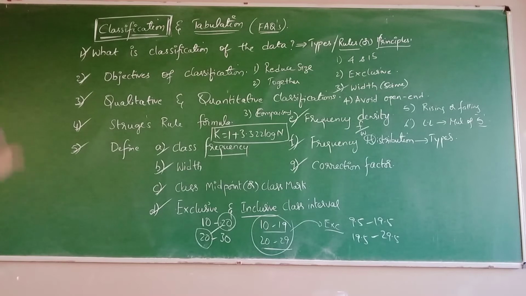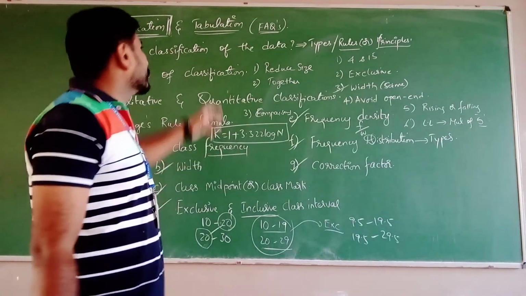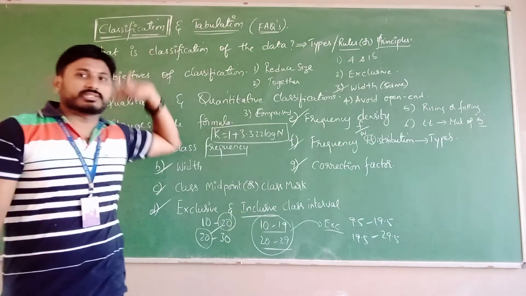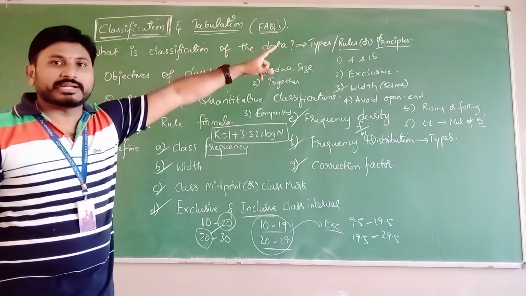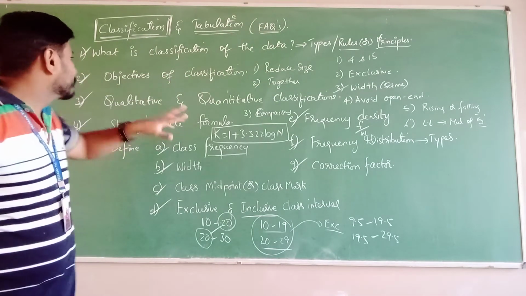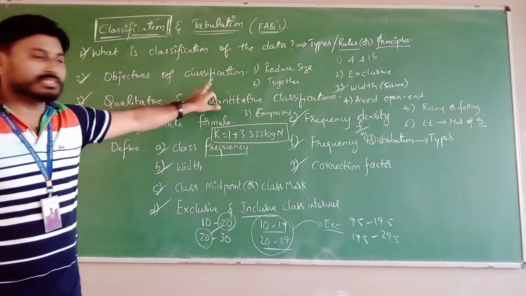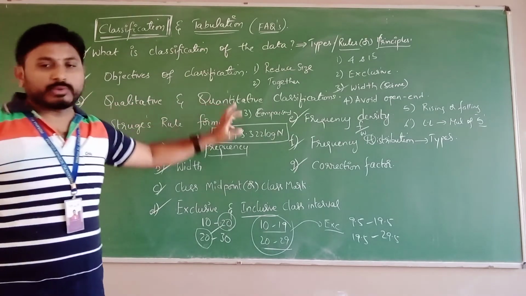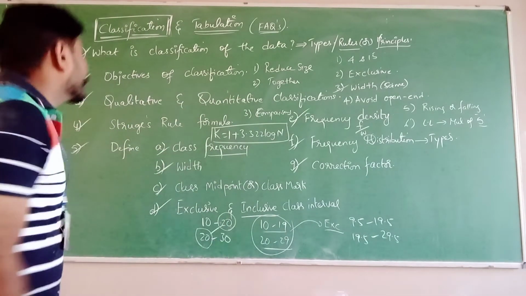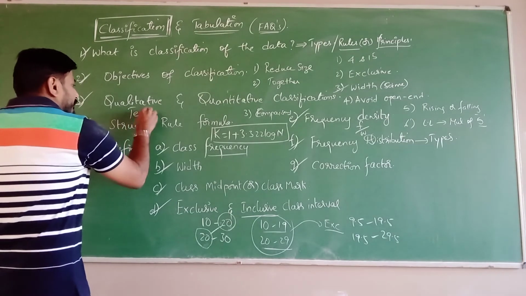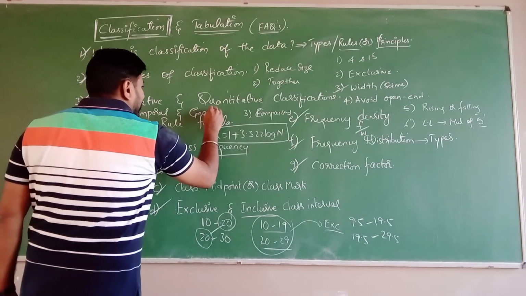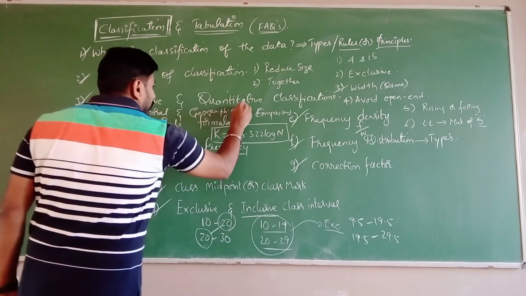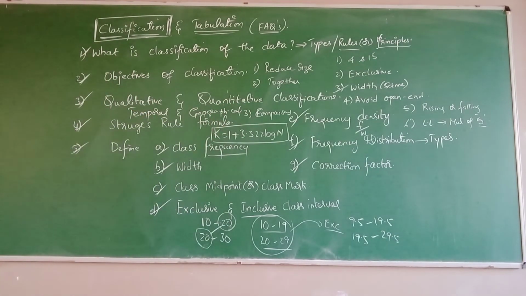So with this, all these are the most frequently asked questions from the concept called classification. Clear, guys? Look at it once again. Define classification and its types, rules or principles, objectives of classification, qualitative and quantitative classification. Here two more classifications were there: one is temporal classification and the other is geographical classification.